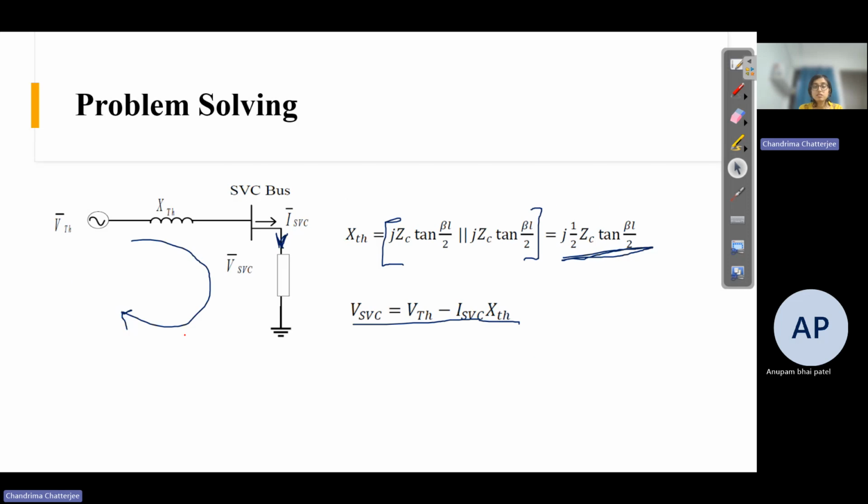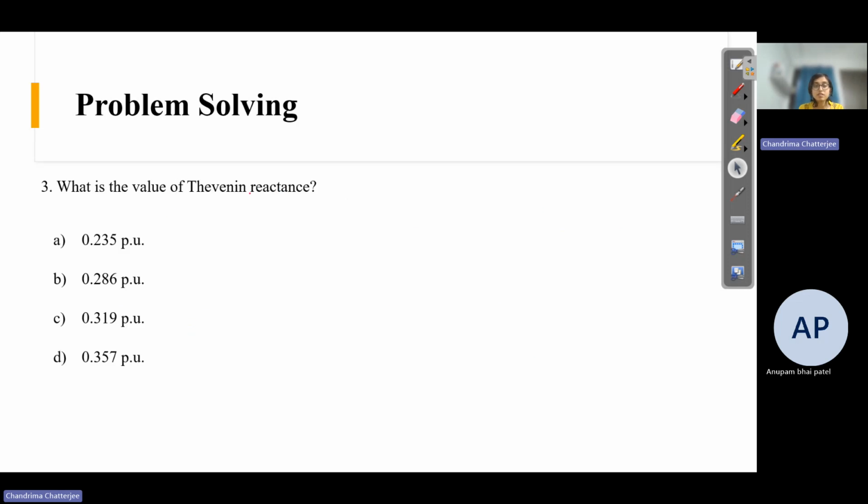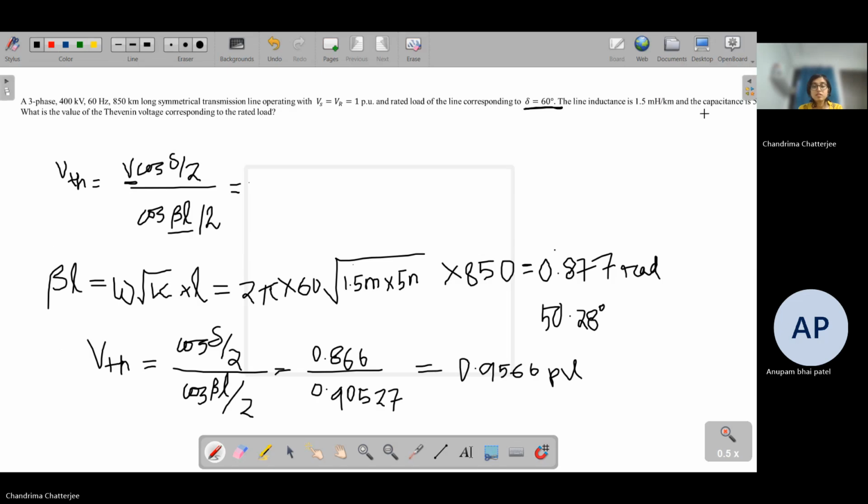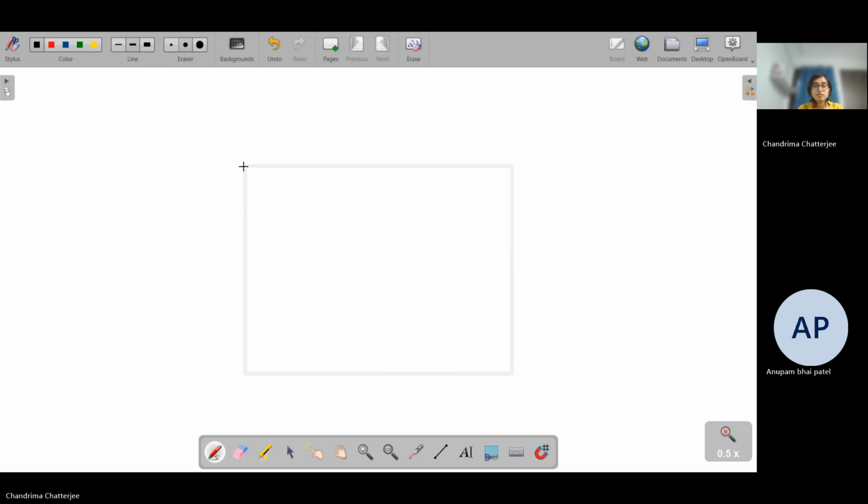Okay, let's go to the next question. What is the Thevenin reactance? That is also very easy. The Thevenin reactance, ZTH, we can also denote it as XTH because we are talking about reactance.